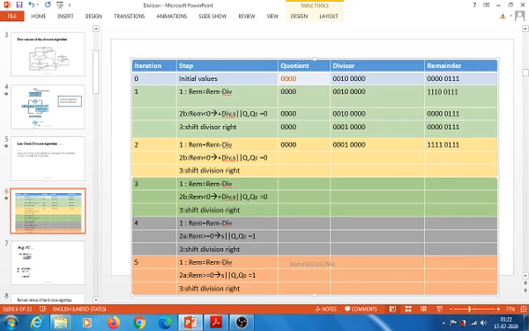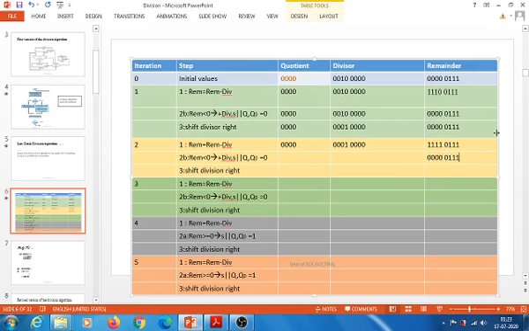What is this operation? This is 1, so since this is 1, this is negative. So I must add the divisor register to the remainder register and place the sum in the remainder register. If I do it like this, then the next step answer will be 0, 0, 0, 0 and 0, 1, 1, 1.